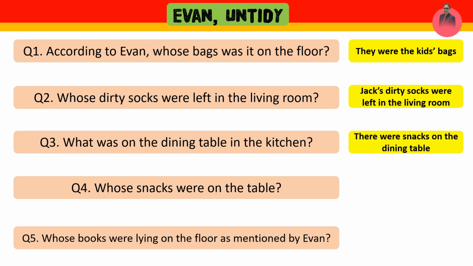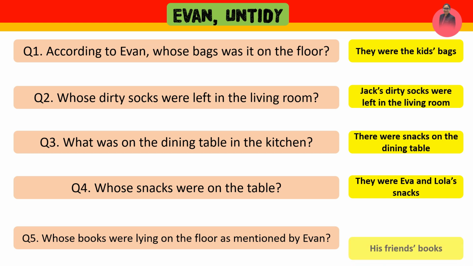There were snacks on the dining table. Whose snacks were on the table? They were Eva and Lola's snacks. And finally, whose books were lying on the floor as mentioned by Evan? His friends' books. If you have done this correctly, well done!